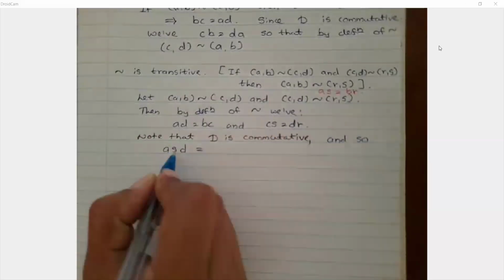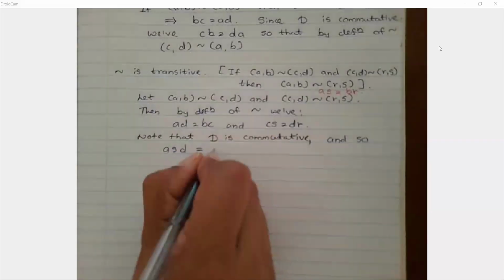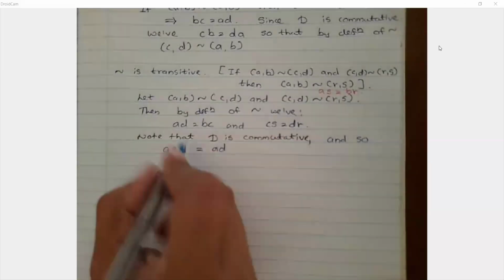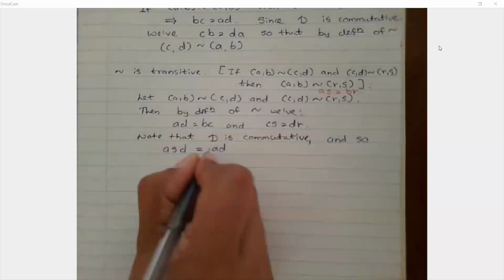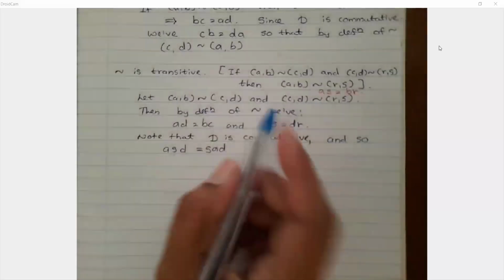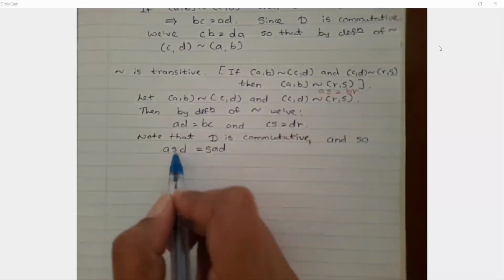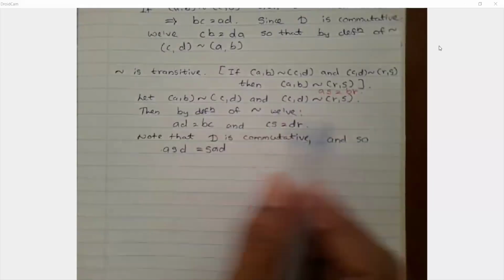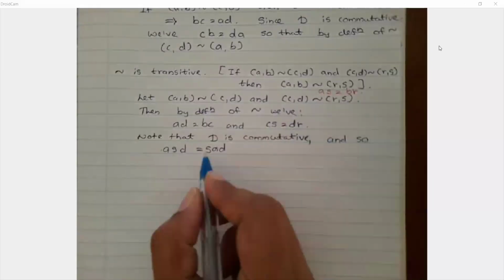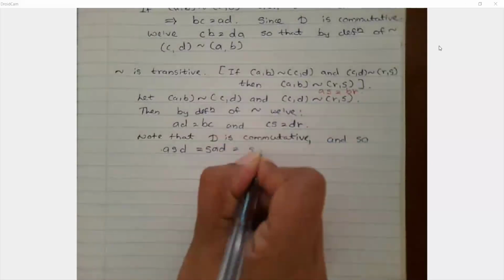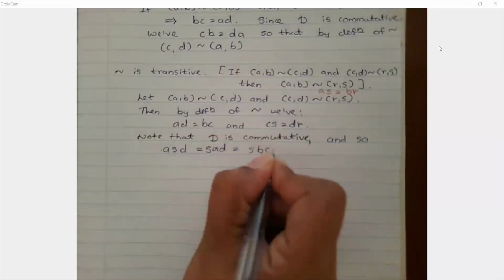S and A will commute because D is commutative, so I can write SAD, right? Now AD is equal to BC, so we have S times BC.